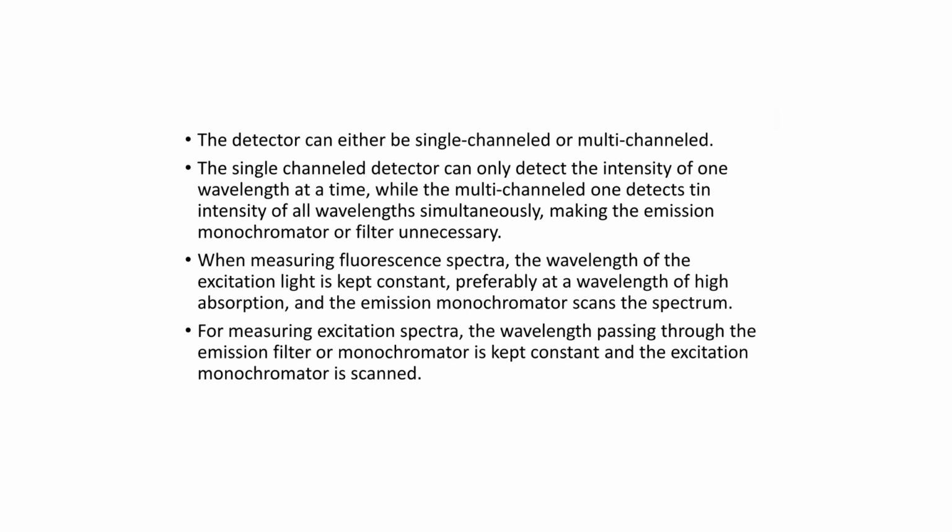When measuring fluorescence spectra, the wavelength of the excitation light is kept constant, preferably at a wavelength of high absorption, and the emission monochromator scans the spectrum. For measuring excitation spectra, the wavelength passing through the emission filter or monochromator is kept constant, and the excitation monochromator is scanned.